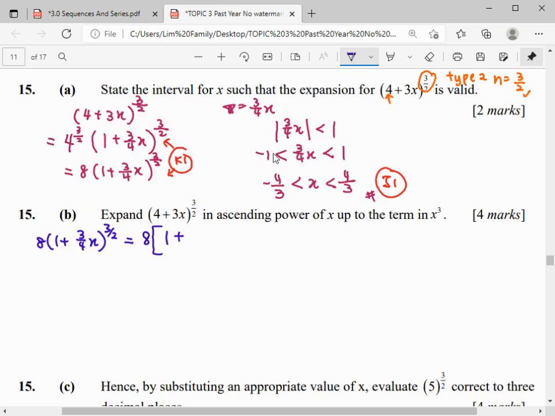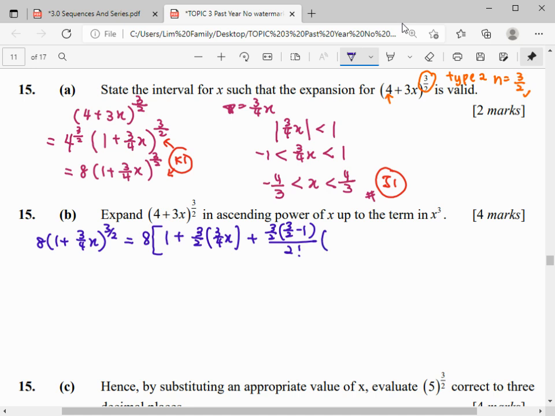1 plus n is 3 over 2. The thing we want to expand is 3 over 4x. So this is first term, second term, continue. And 3 over 2 minus 1, 2 factorial.